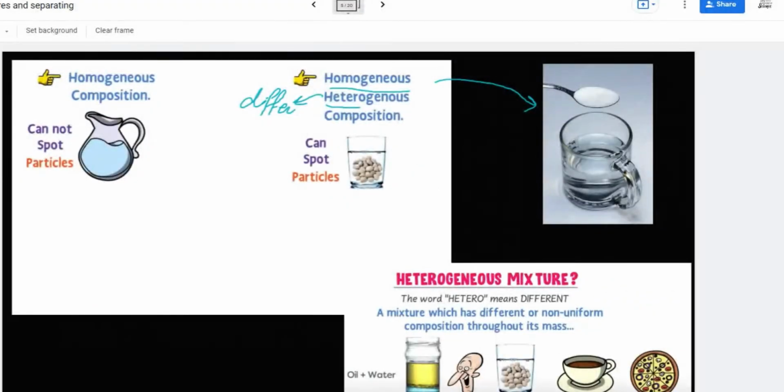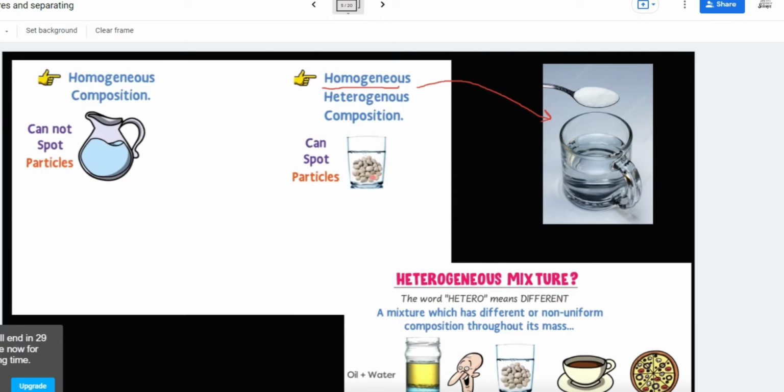But over here, mixtures could be homogeneous or they could be heterogeneous. One example of homogeneous is when you mix salt and water. You cannot spot the particles of water and salt once it's mixed. But heterogeneous, such as pebbles and water, is still a mixture. They are not chemically combined, and we can easily identify pebbles and water.